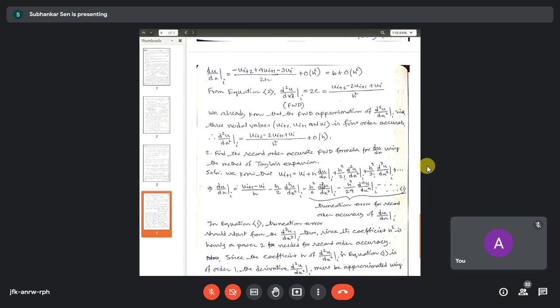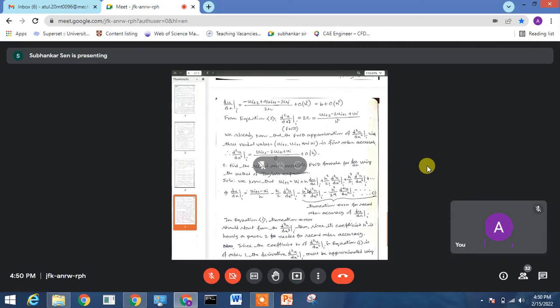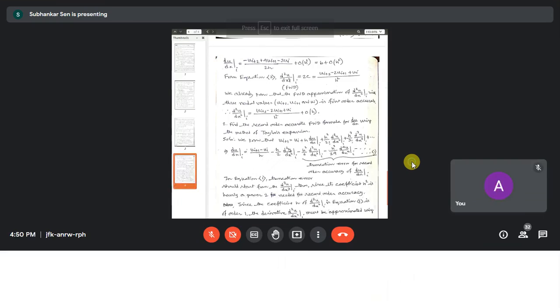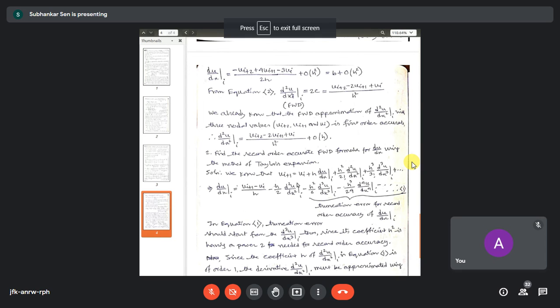So your truncation error starts from here, and you can directly write this expression is order of h squared, so this is second order accurate. But here you have to do something: for d²u/dx², you may have to use the central difference formula.